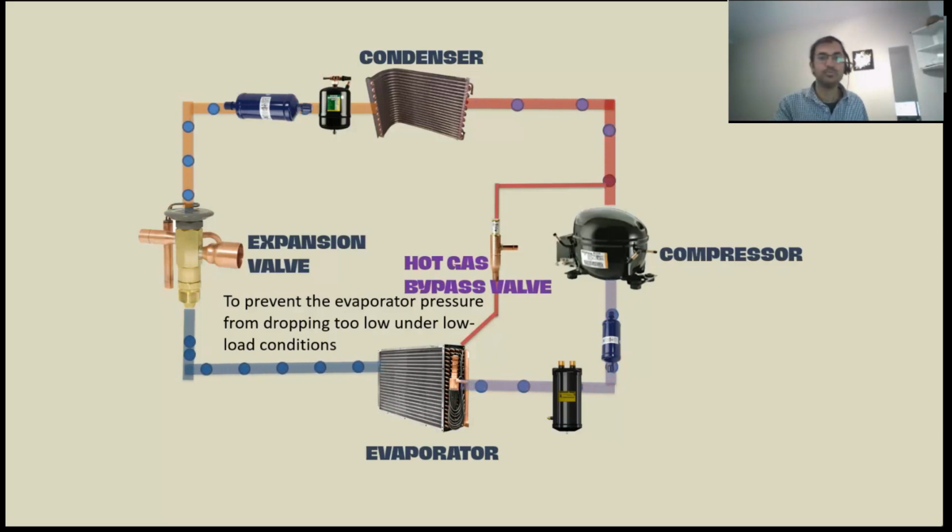So at that time, if you put in the hot gas bypass, it will give a small part of the vapor to the evaporator for a load understanding. The evaporator will understand that there is some load, so the system will not switch off or the short cycling will not happen. So this is basically the hot gas bypass valve.